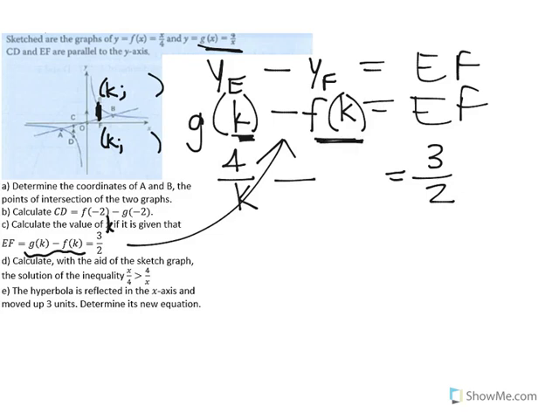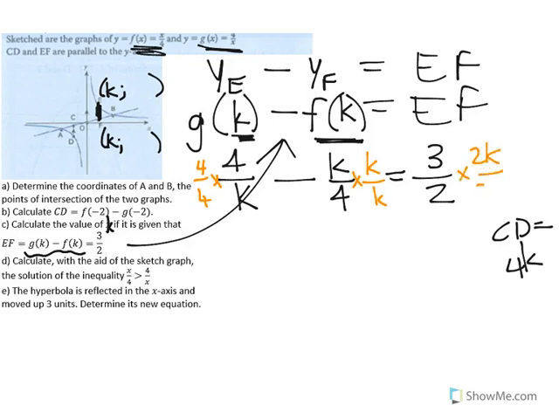And f of k, so when my input is k to this function, my output is going to be k over 4. So we're going to try to get everyone over the same denominator. My common denominator here would be 4k. So this guy I need to times with 4 over 4, this one by k over k, and this one by 2k over 2k.